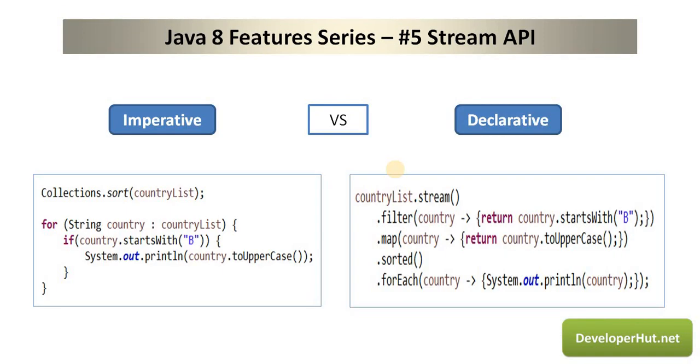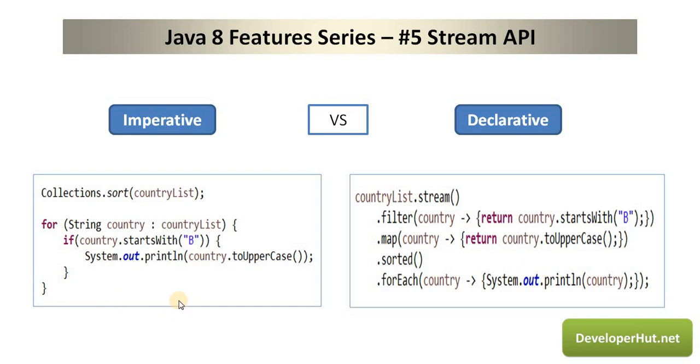In our introduction session we also saw that the stream API enables the declarative programming approach. This declarative programming approach is very useful in understanding and creating things while doing the development part. Here you can see in our example, the first part which we wrote is the imperative programming approach, right?